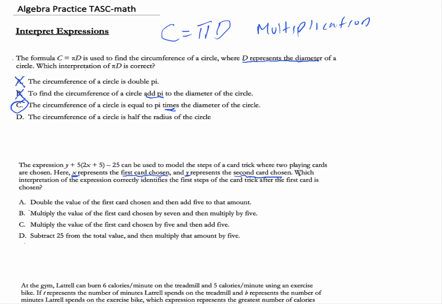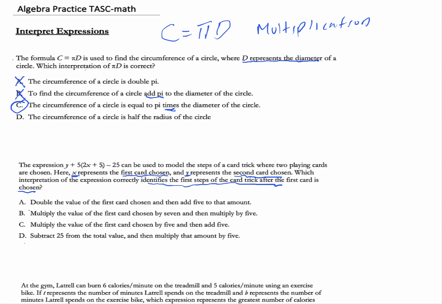And the question, which always starts with a W: which interpretation of the expression correctly identifies the first step of the card trick after the first card is chosen? They want you to identify the first step of the card trick after the first card is chosen.